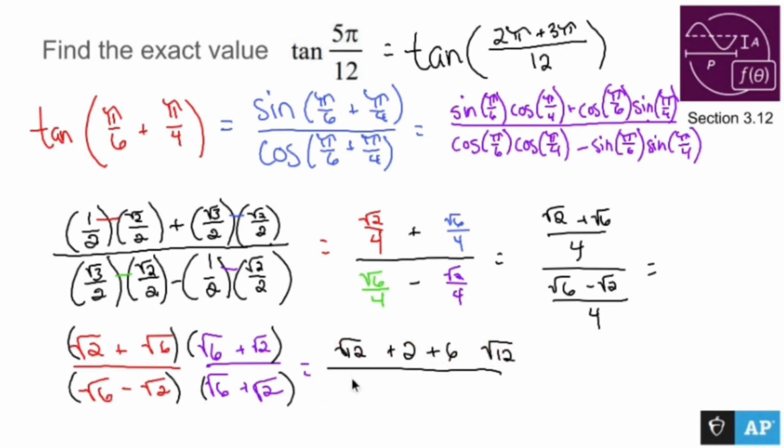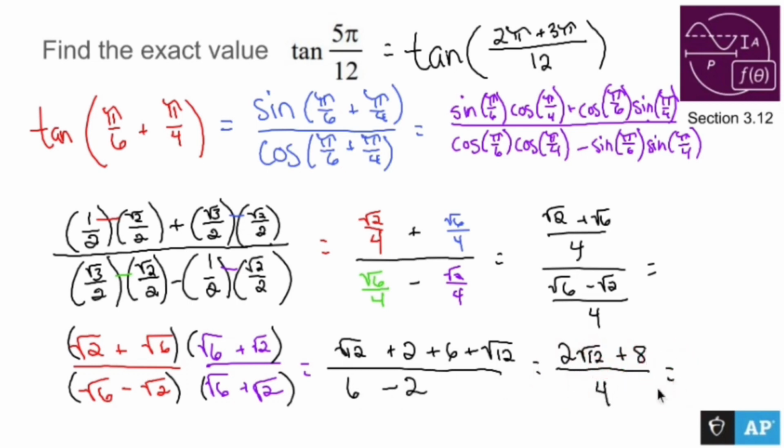Root 6 times root 6 is 6. Plus root 12 minus root 12. So the root 12s go away. Root 2 times root 2 is 2, so that's going to be minus 2. All right, so that's 2 root 12. If I add the 2 root 12s together, plus 8. 6 minus 2 is 4.